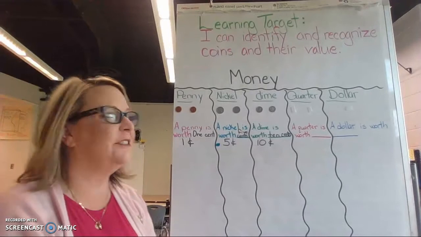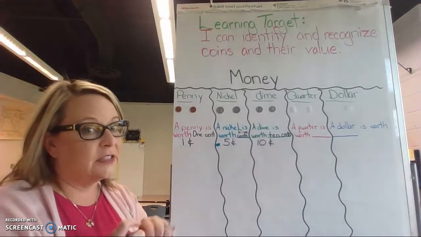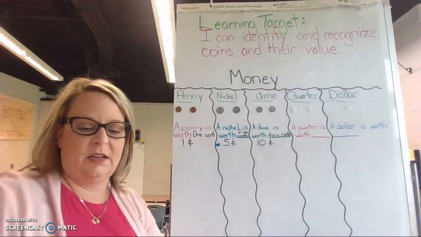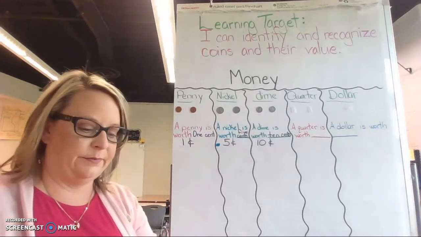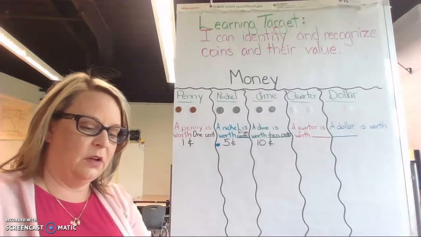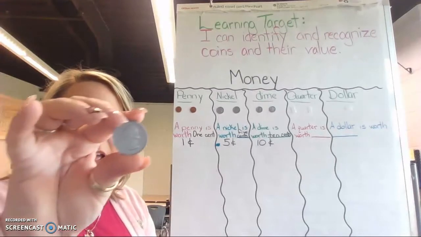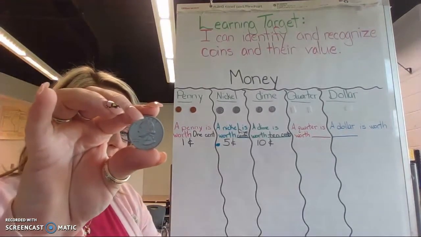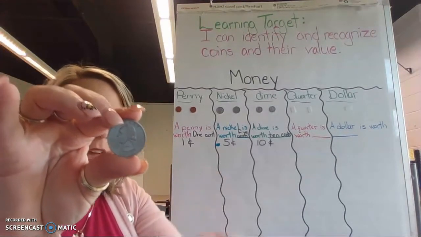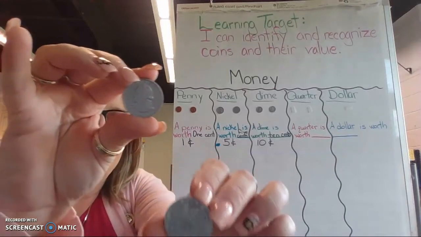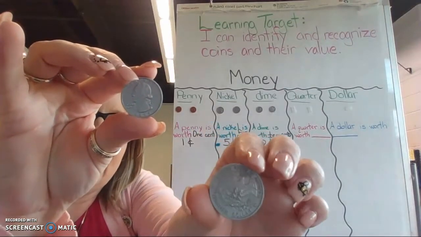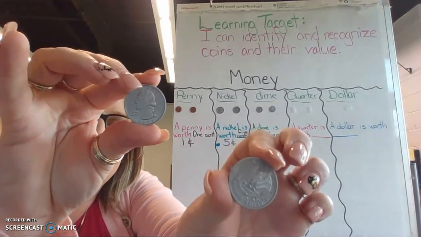That's pretty neat. All righty, our next and final coin is a quarter. Now, a quarter also has a head side and it has a tail side. And the tail side has a bird on it.